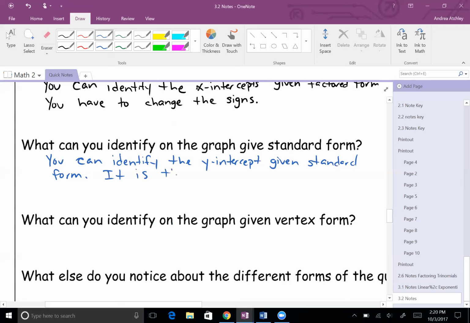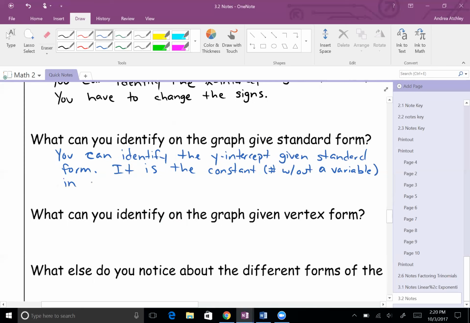It is the constant, the number without a variable in the equation. Any questions over that? Do we need to change the signs on those at all? No, it's the same signs.